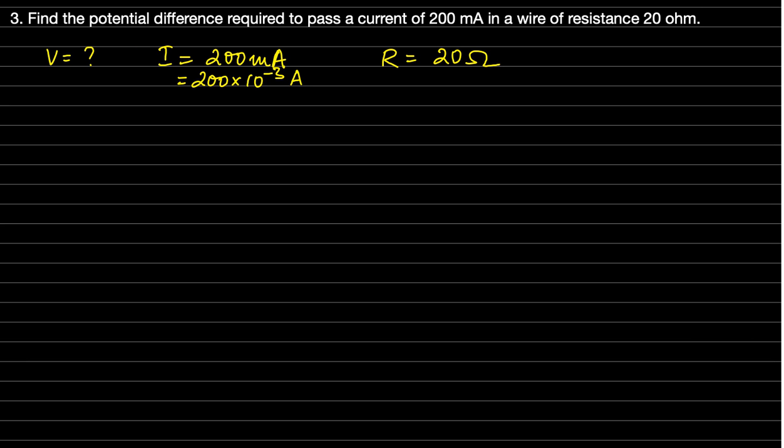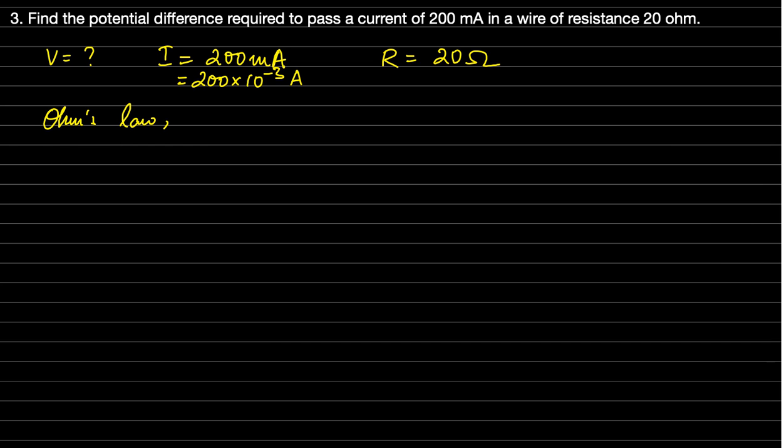When we convert milliampere to ampere, as I told you in the previous question, we multiply by 10 to the power of minus 3. So now we have got this. It's very simple. Straight away we will use Ohm's law.